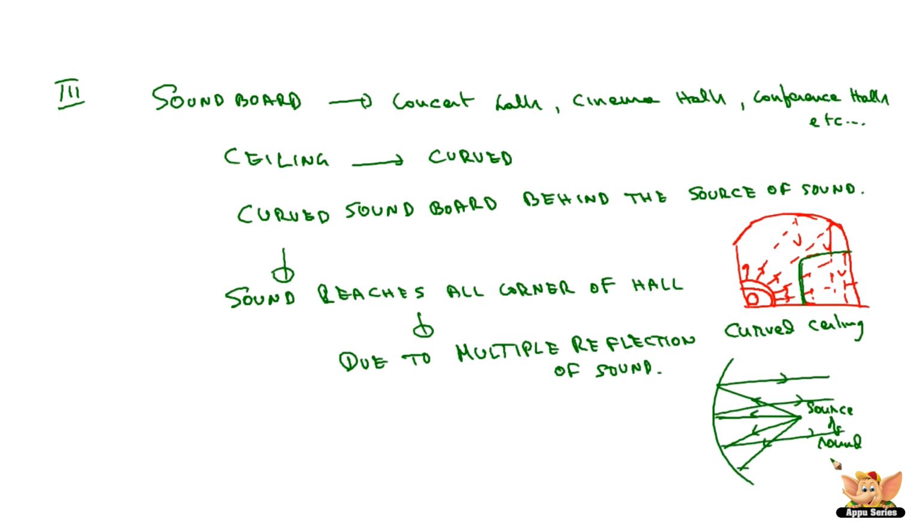Now if the audience are sitting somewhere far away, they will be able to hear the sound at different places. So this is the soundboard used in big halls. Whether it is a soundboard or a curved ceiling, they use multiple reflection of sound, and then every person in the audience can hear what is being said. So these are the applications of reflection of sound.